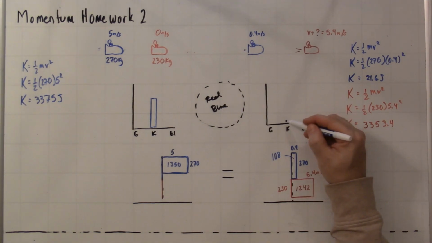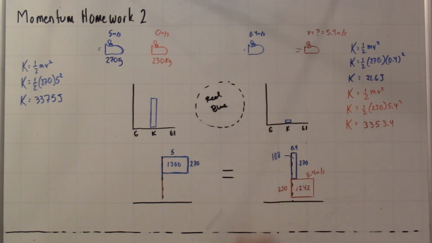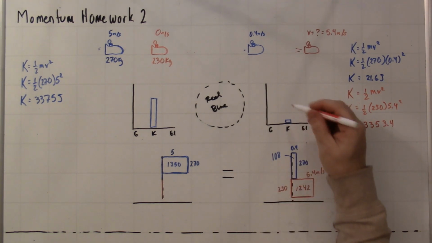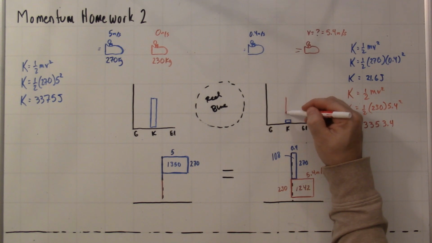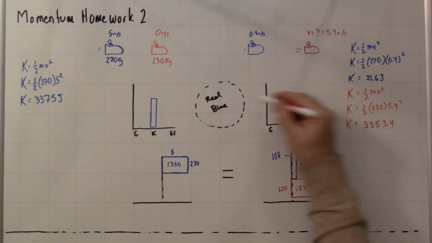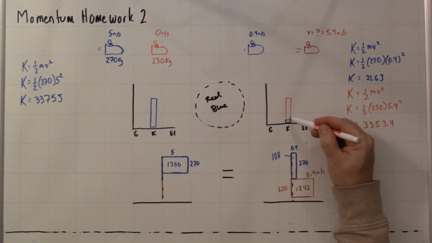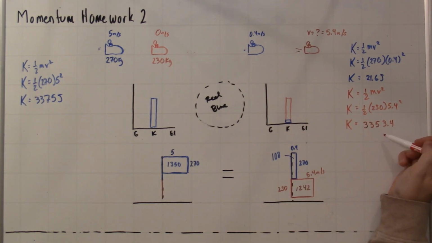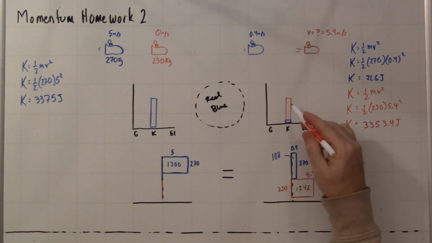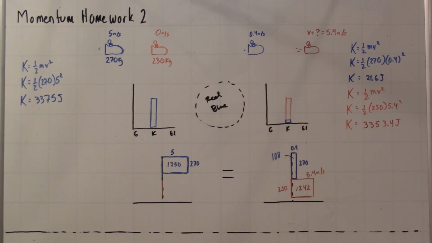And so as long as your collision is bouncy, you don't lose any energy to the surroundings. Therefore, the heights here are the same, but most of the energy is in the red one and a little bit left in the blue one. I think that's good.